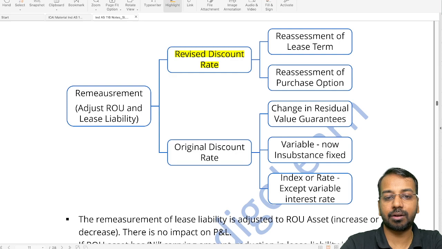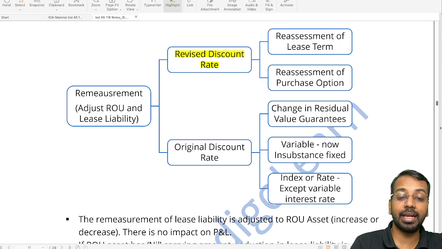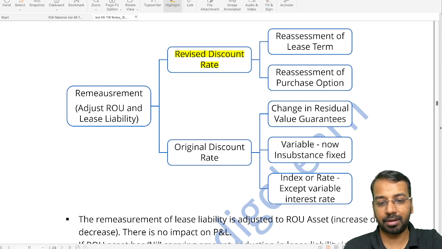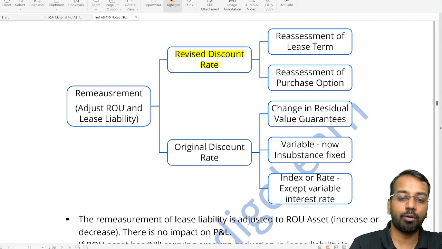Here we use a revised discount rate in these two cases, where the lease term is reassessed and the purchase option is reassessed. In other cases, if there is a change in residual value guarantee, let us say the estimate changes subsequently, or earlier it was a variable payment and now it has become a fixed payment, or if there is an index or rate change, then we will use the original discount rate.